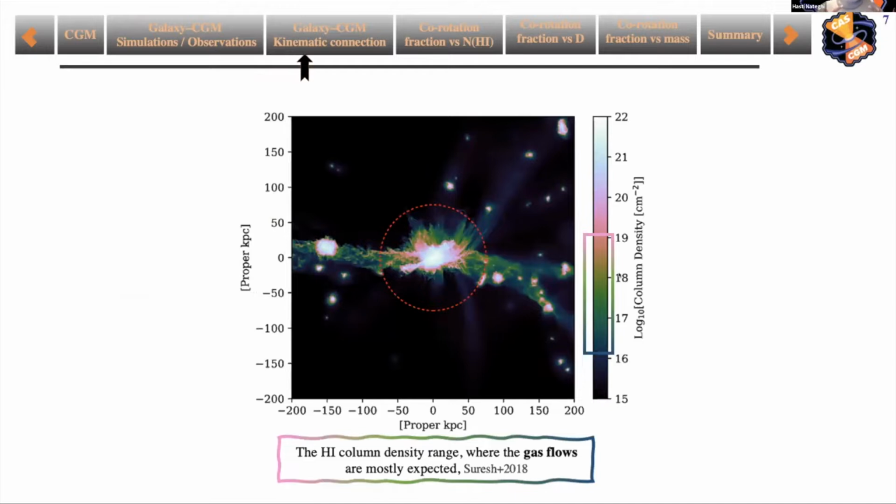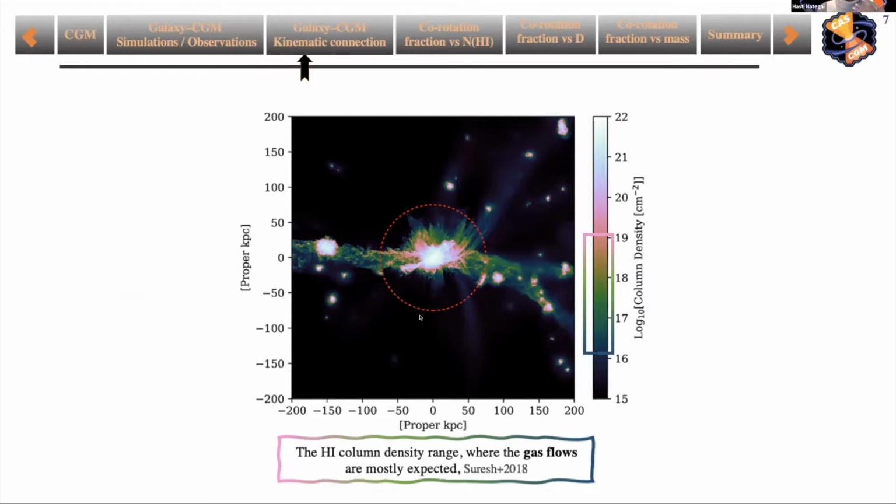As I already mentioned, simulations predict that the gas flows are critical for galaxies' growth. Although there is little observational evidence for gas accretion, simulations expect that the CGM gas flows should be detected in the form of high column density neutral hydrogen, as we can see here in this figure.